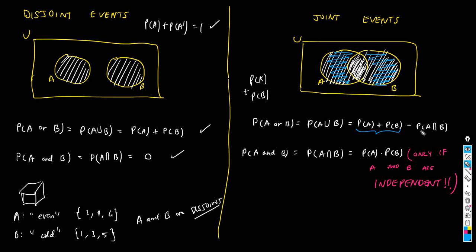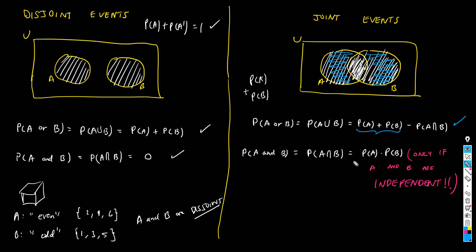I need to subtract at least one of them in order to get this area without taking this 2 times. So that's basically the formula for the probability of A or B.